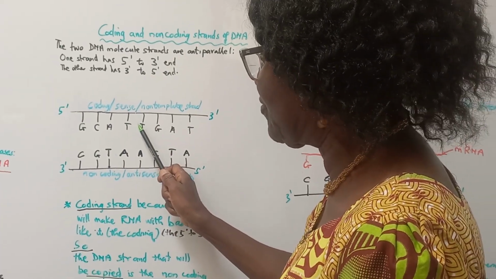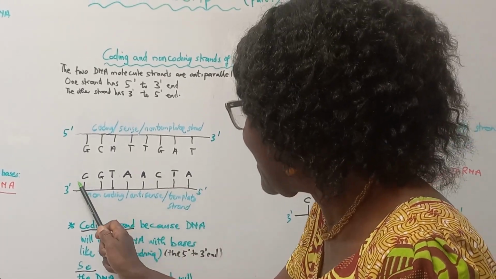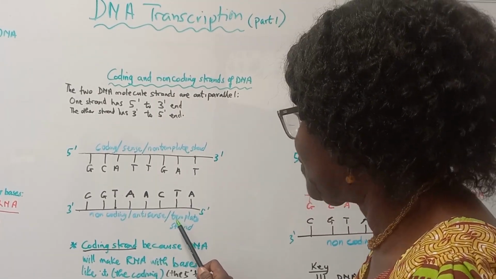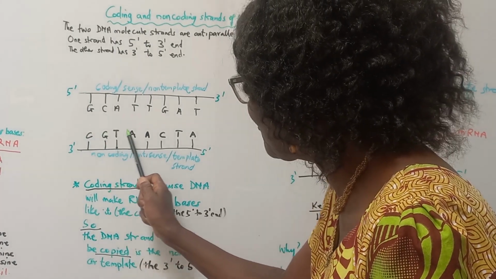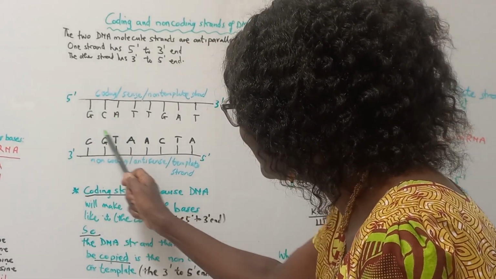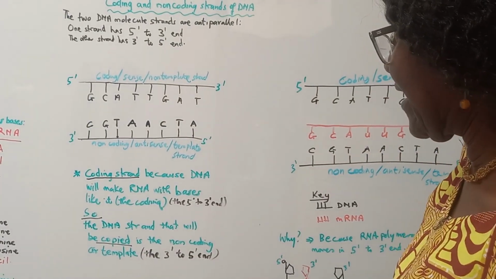That's why it's the coding strand. In actual fact, the non-coding is the template strand. It means that the RNA polymerase will have to form a strand complementary to this one, and it will be just like this. Good. So let us use these to look at what we are talking about.